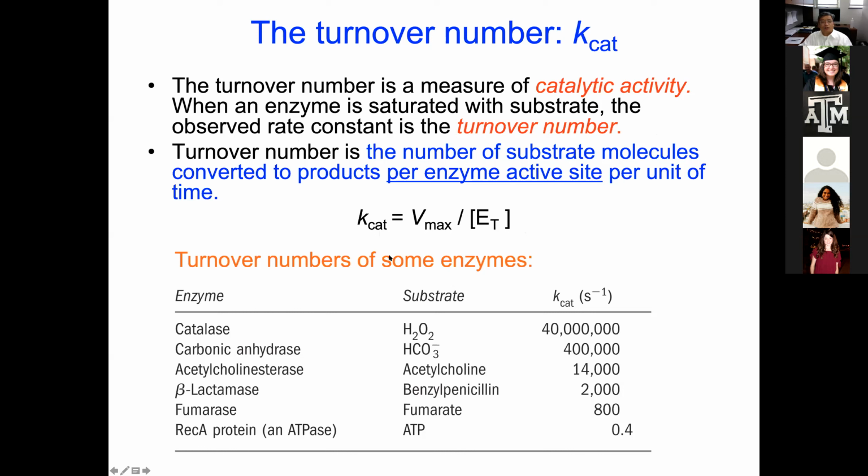It is a very interesting number because it describes the number of substrate molecules converted to product by every single enzyme active site per unit of time. For example, every second, how many reactions occur at the active site of that enzyme. So Kcat equals Vmax divided by ET.